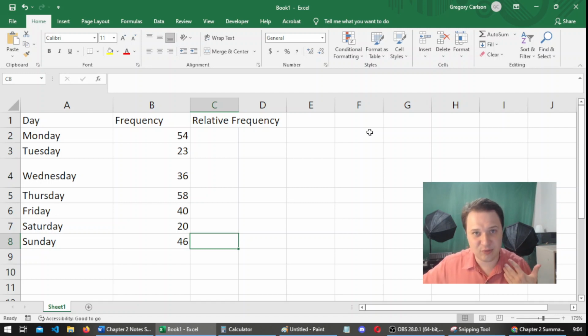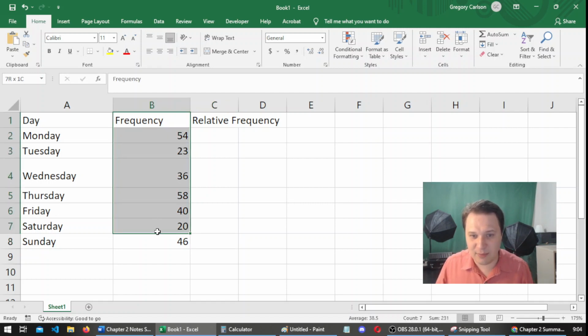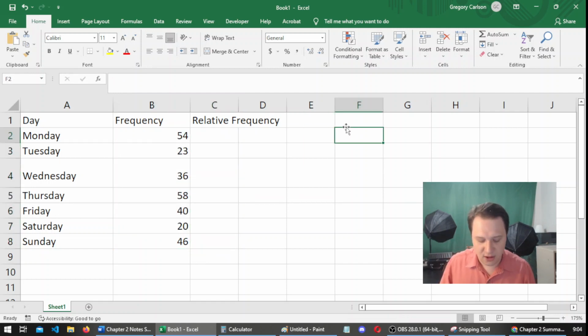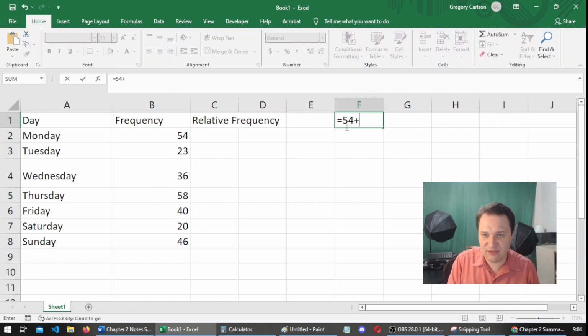In order to calculate these percentages, I need to know how many babies were born in total. So watch what I'm going to do. I'm going to type equals 54 plus 23 plus 36 plus 58 plus 40 plus 20 plus 46.